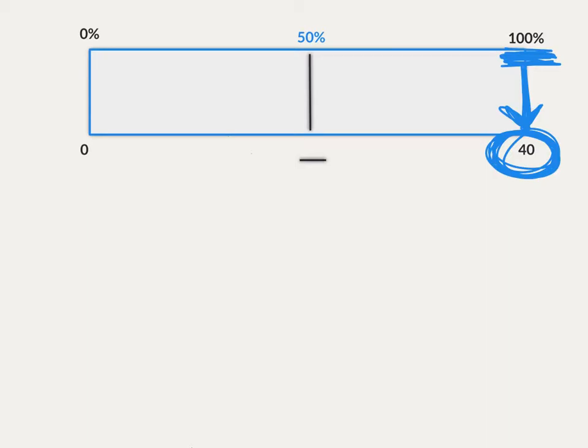Well, the problem said that 50% of the 40 students scored a 90. So I could place 50% halfway on the percent bar because I know that 50% is 1/2 of 100%. So I put 50 at the halfway point of the percent bar.